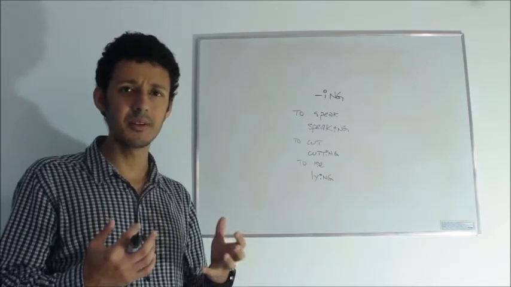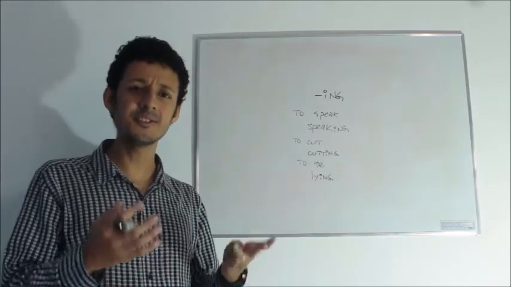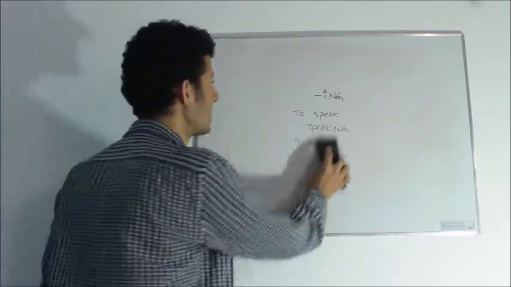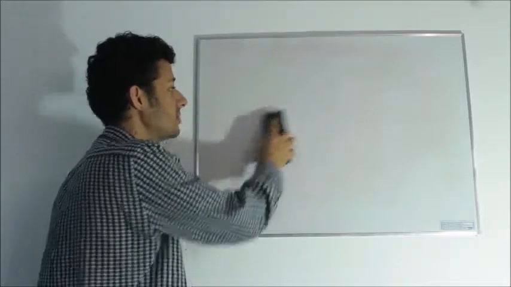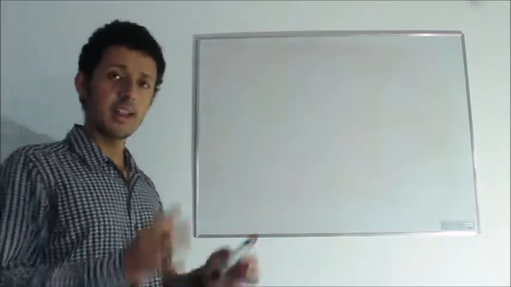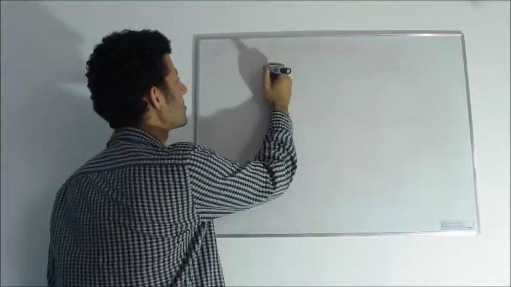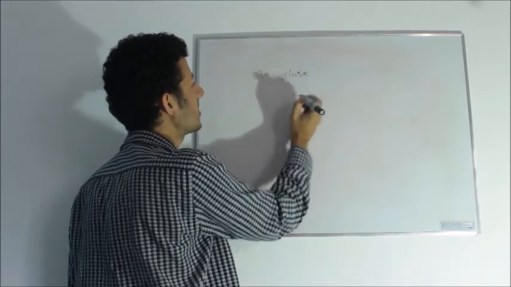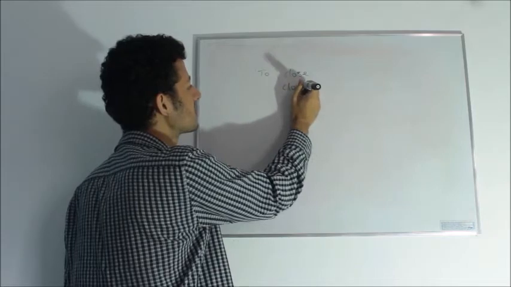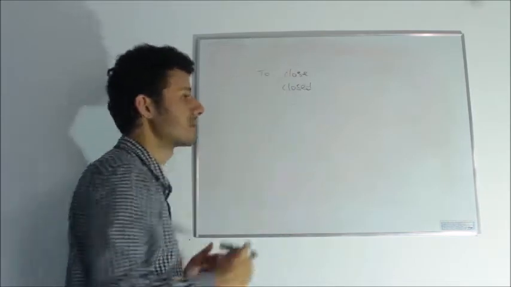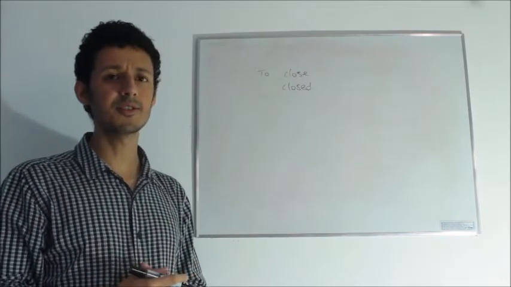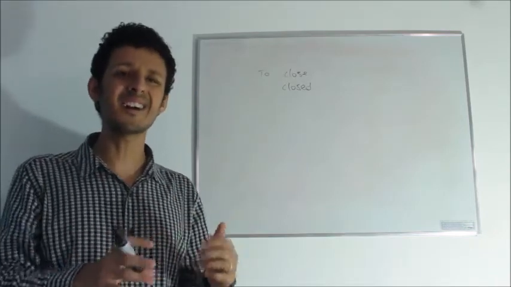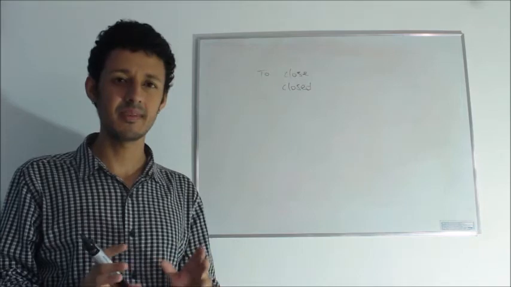But participle, on the other hand, is not quite simple. Participle of the verb to close is closed. Similar to the past, but remember, participle and past are different.